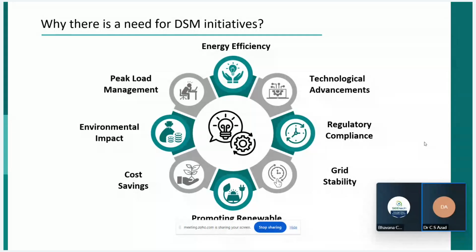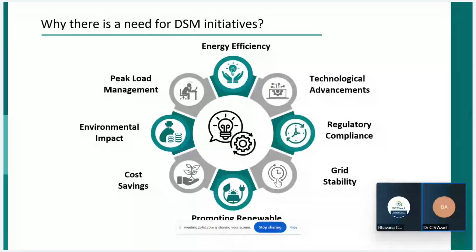First of all, there is regulatory compliance. Now all the states have their own demand side management regulation, and as per that regulation, all the discoms have to make efforts and have to contribute some of their revenue towards demand side management. So that's the regulatory compliance.